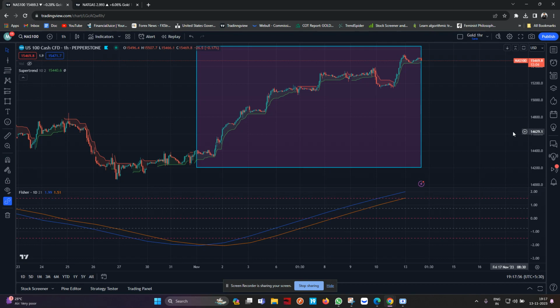Now, we can't only trade based on the side of the market. We need signals. We need entries and exits of any trade, on any asset. So that's where the Supertrend comes in. Our Supertrend is set on a 10 period.